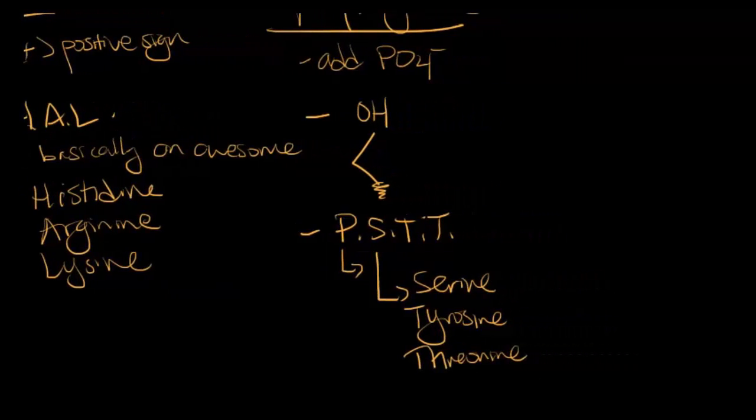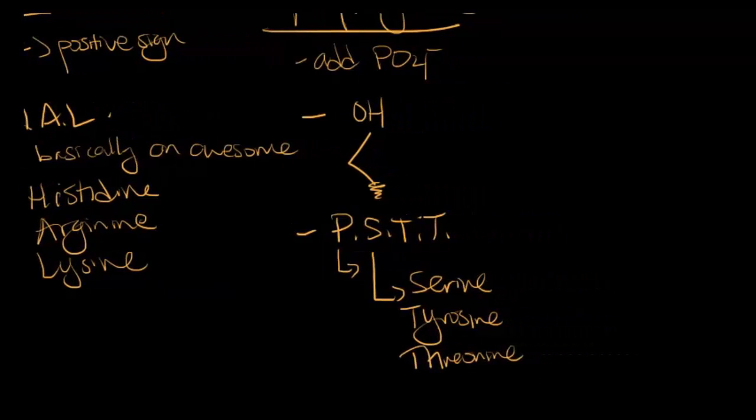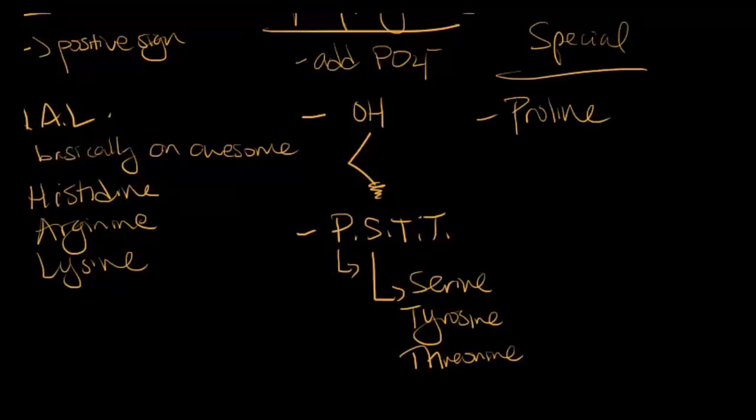Okay? The last group I wanted to talk about are the special ones, the miscellaneous ones. Two special ones are unique and ones that we want you to remember. The first one is proline. Now, most of the amino acids look just like this: central carbon with the amine group here, carboxylic acid with the hydrogen, and the R group.